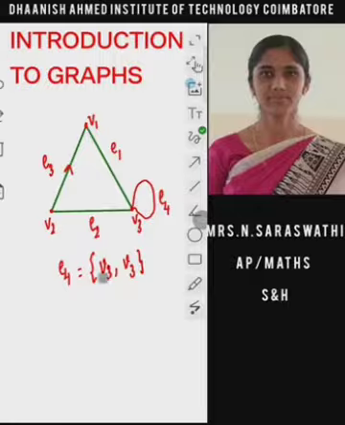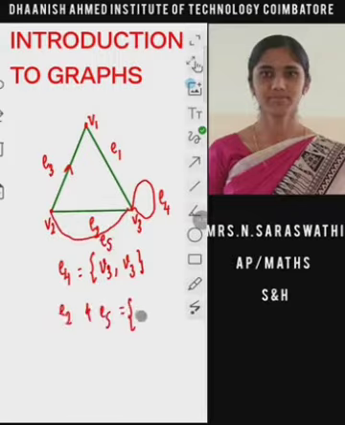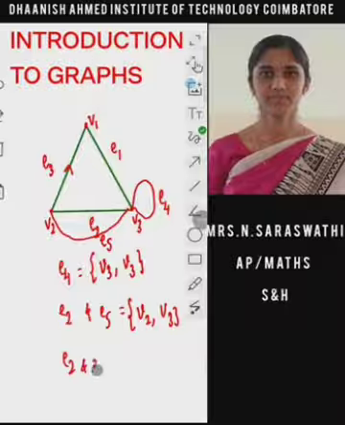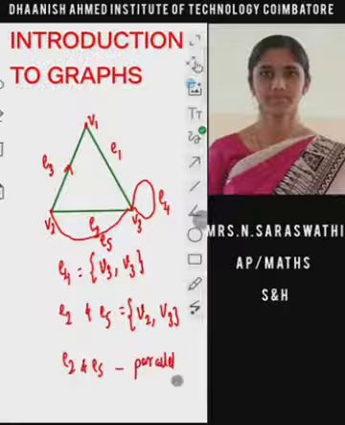Now if we have one more edge like this between V2 and V3 and we name it as E5, means the edge E2 and the edge E5 have the same vertices V2 and V3. Therefore E2 and E5 are parallel edges. This is also known as multiple edges. Okay. So E2 and E5 are parallel edges.